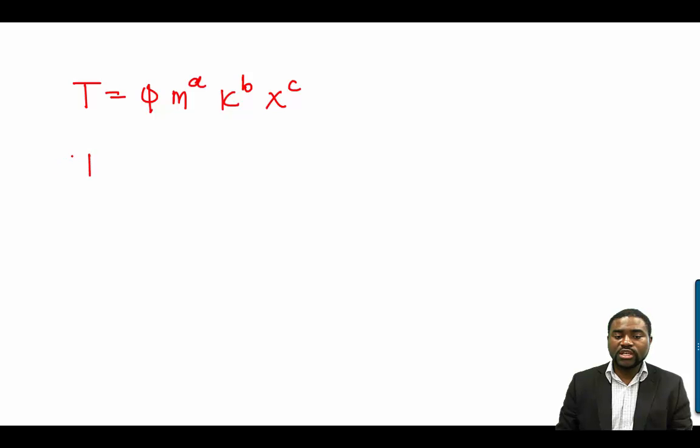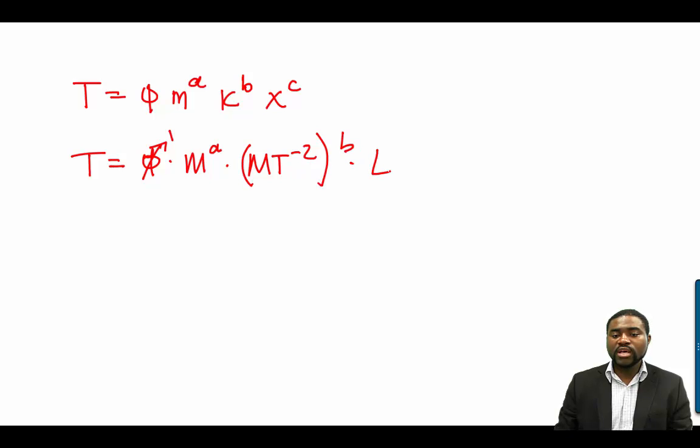This would mean that T will be equal to the constant, capital M raised to the power a, well, this here is 1, MT^-2 all raised to the power b, and L raised to the power c.